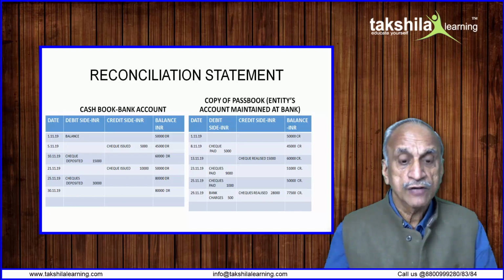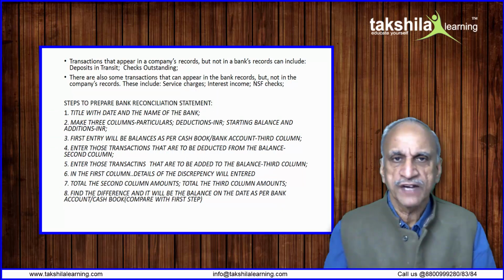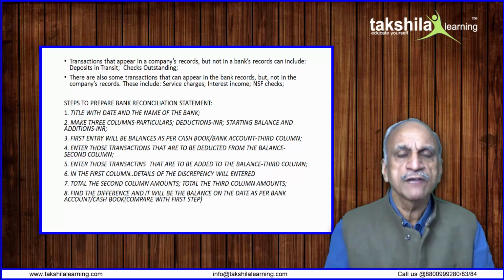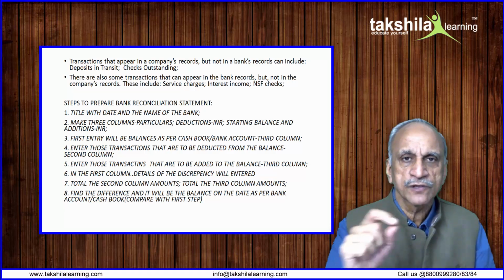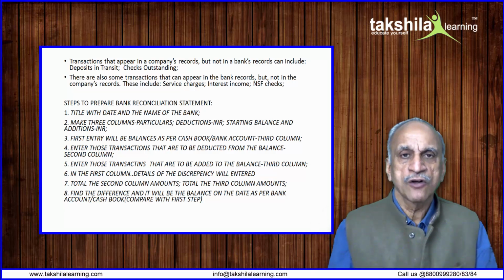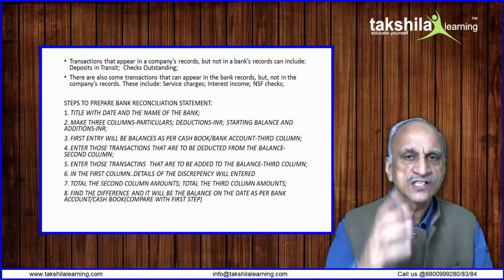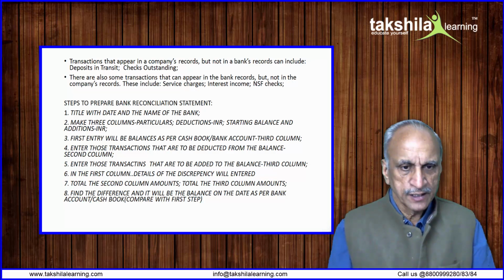Based on this, you can prepare your bank reconciliation statement to adjust this 2,500. Take the 77,500 passbook balance, add 2,500 for reasons of bank charges and for money not yet credited. All these things will amount to 80,000 rupees.